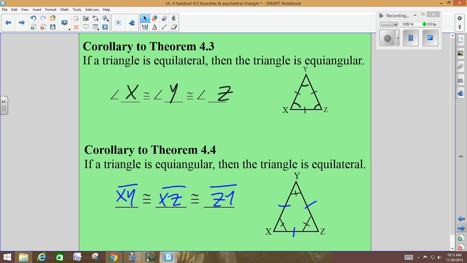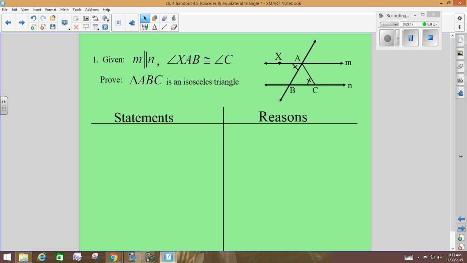Our first example is a proof. So you'll have a couple proofs, but then from there, it's mostly application, applying the theorems. So what's our first step in our proof? Given. Good. Write that down.